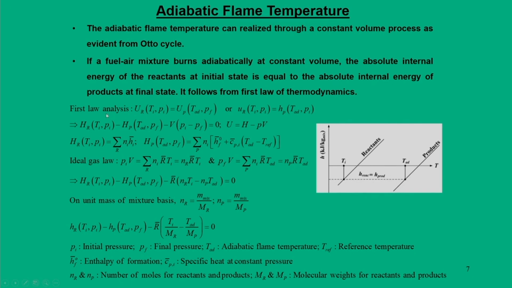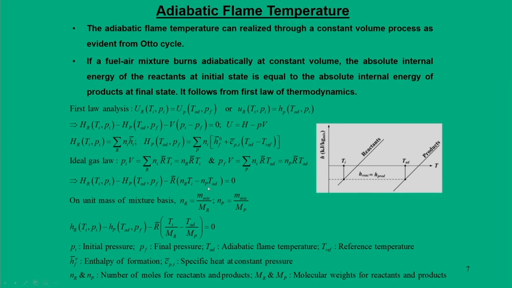By putting all these things together, the working equation now becomes HR at temperature Ti, Pi, minus HP at temperature T adiabatic, Pf, minus R bar into (Nr Ti minus Np Tad). Ti and Tad are the temperatures at initial condition and adiabatic conditions, the final temperature, and Nr and Np are the number of moles for reactants and products.